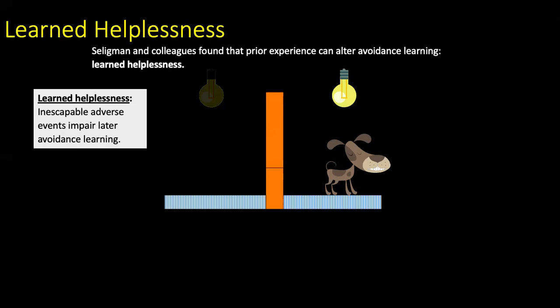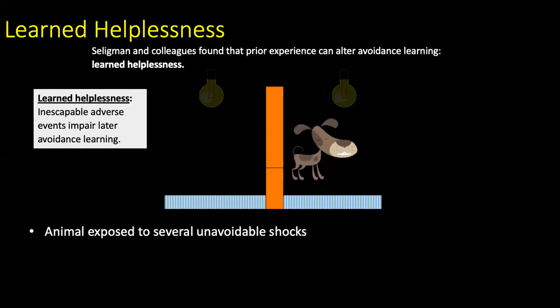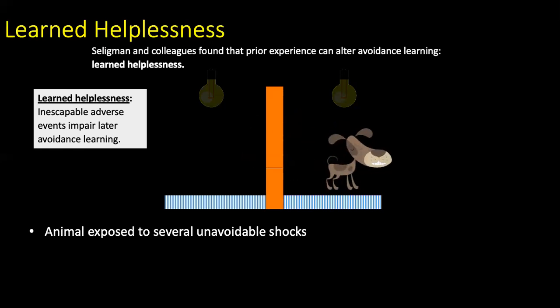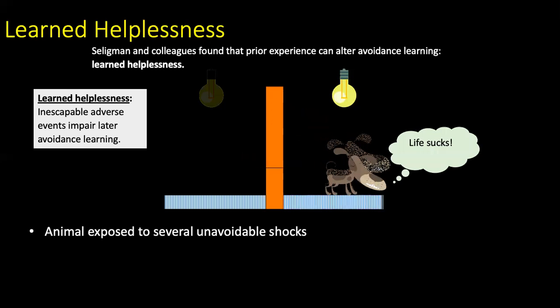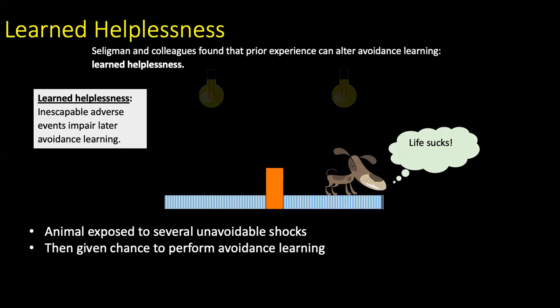You're likely all somewhat familiar with this paradigm. It has become kind of popular knowledge. But if we expose an animal to several unavoidable shocks again and again, the animal seems, both in disposition and in behavior, to become kind of helpless in nature.